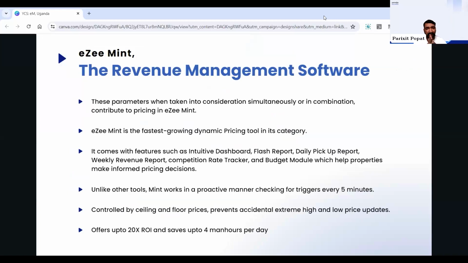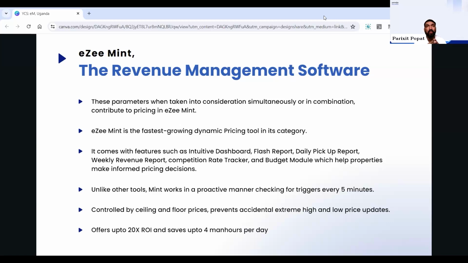The answer to all those things is EasyMint. EasyMint is a revenue management software that works on the parameters that I just mentioned. It works 24/7, 365. Therefore, you do not have to get on a system every 2 hours to change the price. If there's a group coming in or a cancellation, the system works 24/7.